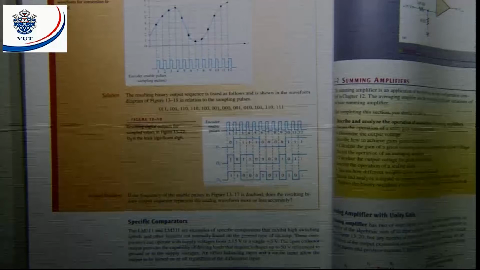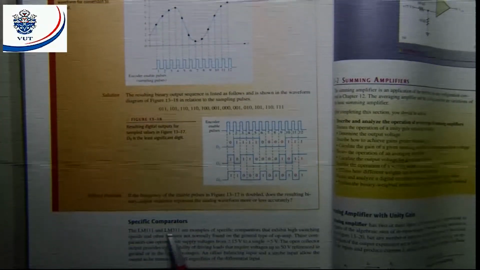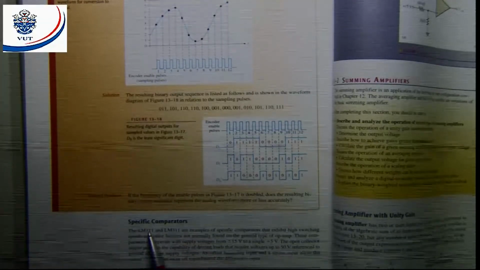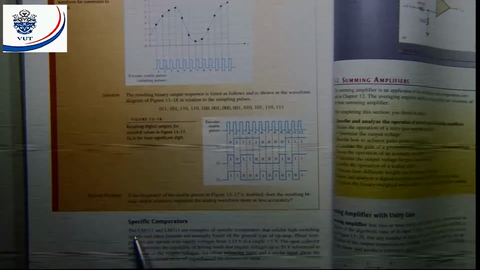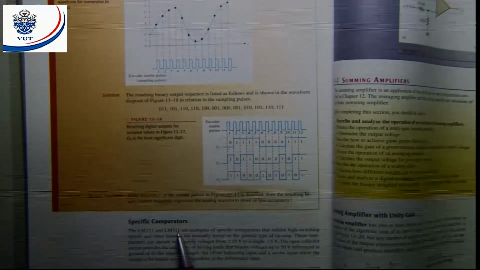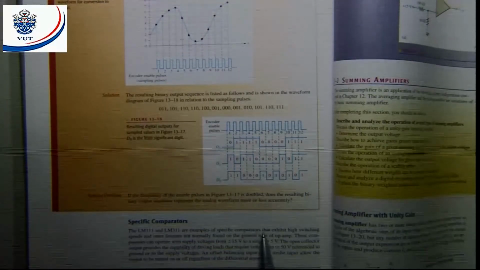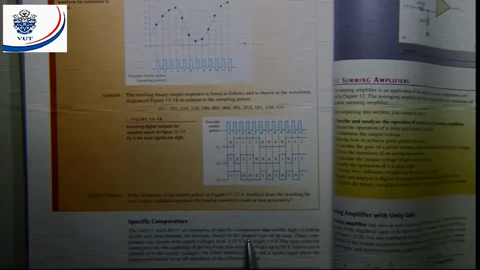Then we get op amps that are specific comparators. Not that you can't use any op amp as a comparator, but these specific comparators have special characteristics. The LM111 and the LM311 are examples of specific comparators that exhibit high switching speeds and other features not normally found on a general type of op amp.